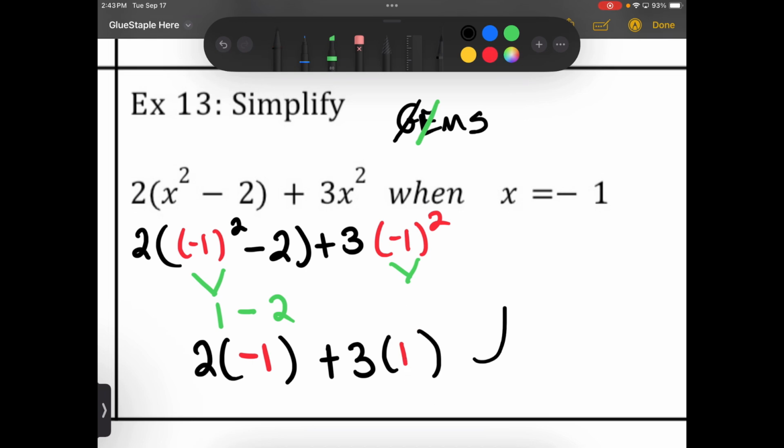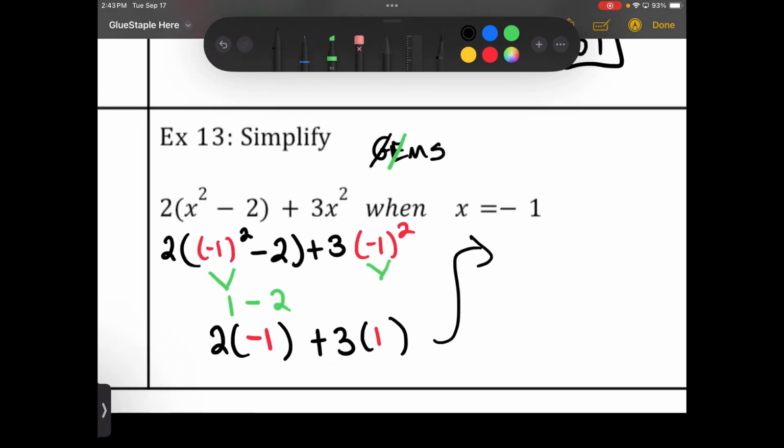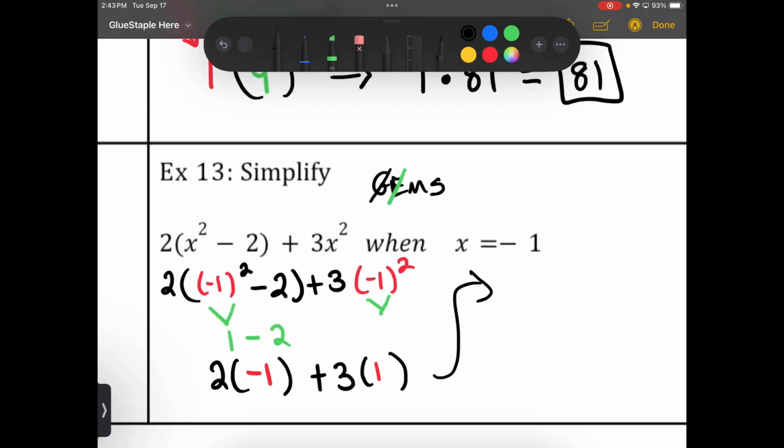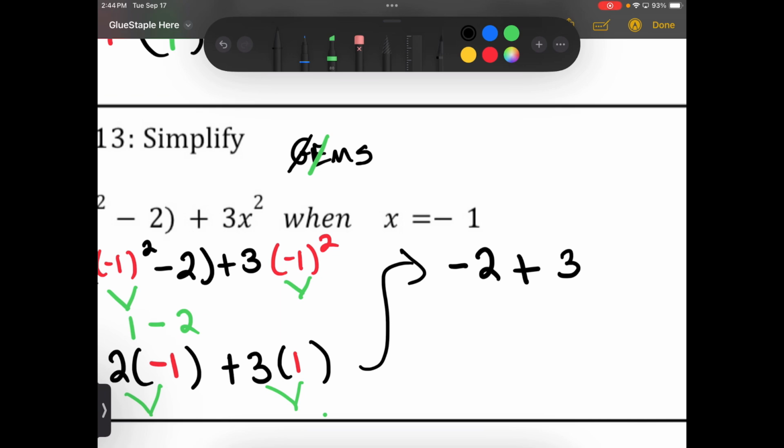Okay, so I'm going to put a little arrow right here because I'm out of space. So now we have to multiply because we are on multiplication and division. 2 times -1 and 3 times 1. -2 plus 3 equals positive 1.